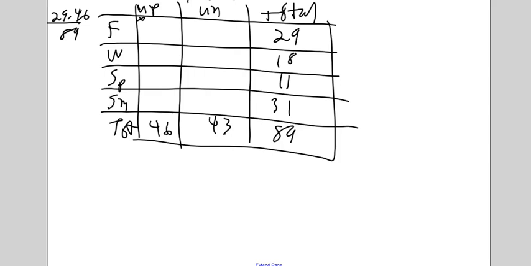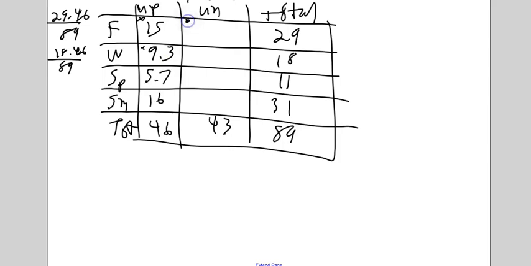That's 14.99, so let's just say 15 on this one. On this one, it's going to be 18 times 46 divided by 89. It gives 9.3. I'm going to hit pause and fill out the rest of this.